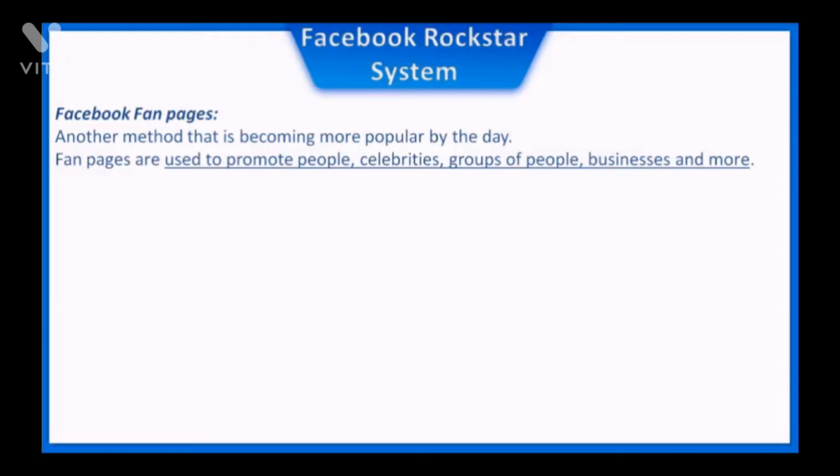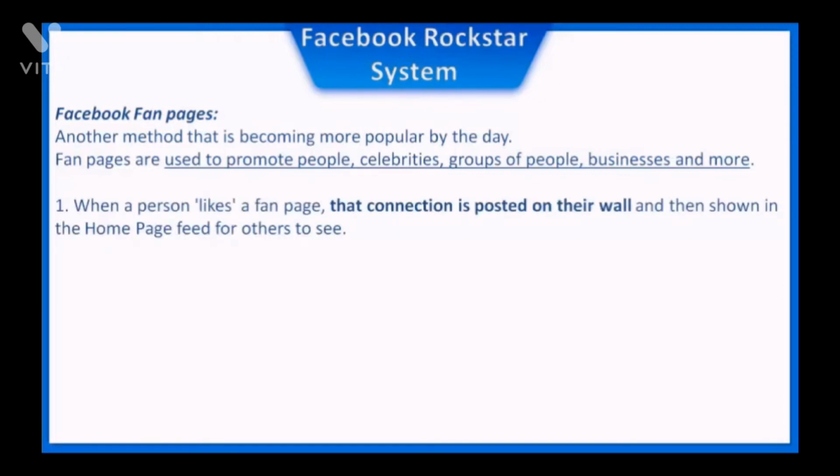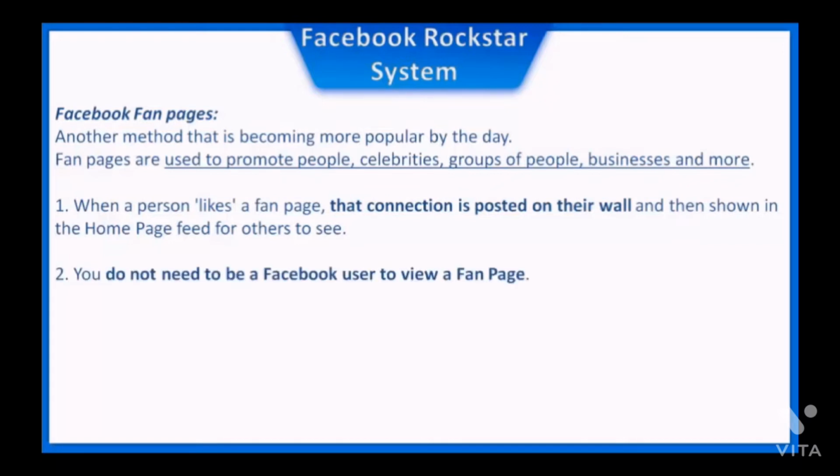1. When a person likes a fan page, that connection is posted on their wall and then shown in the home page feed for others to see. Then friends of that person click on the page just connected with, and so the number of followers grows. 2. You do not need to be a Facebook user to view a fan page.